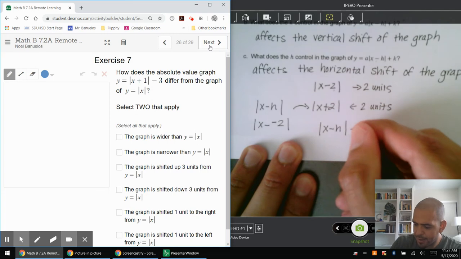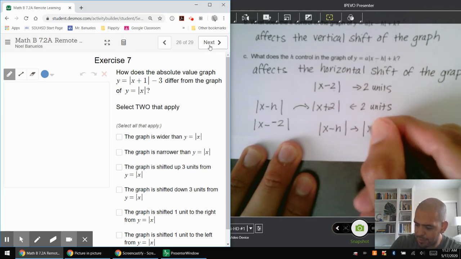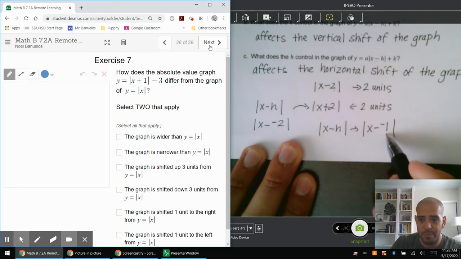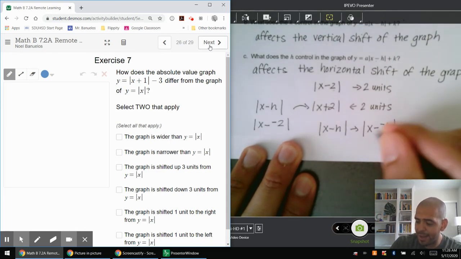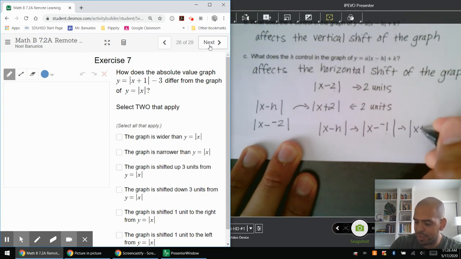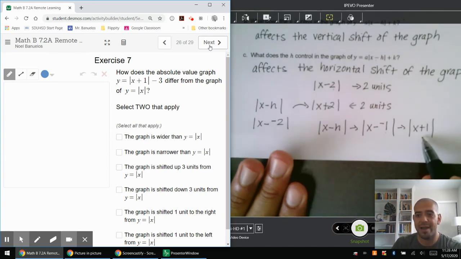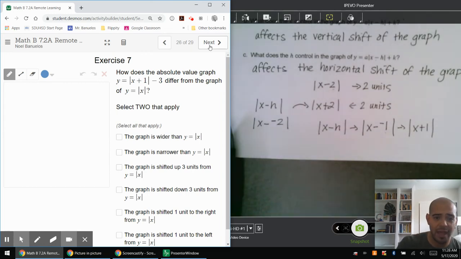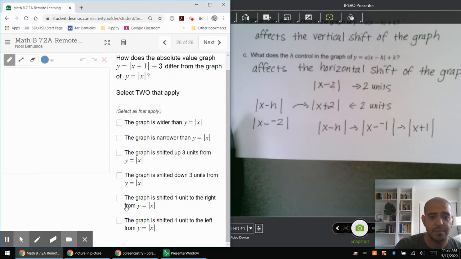So it's x minus -1. So this -1 moves it to the left 1. We know that x minus -1 is x plus 1. So that's why x plus 1 is actually a shift to the left 1 unit. Okay, you see that? That one's a tricky one.